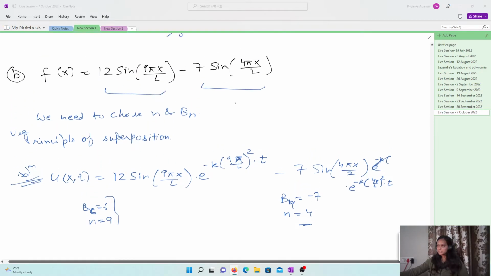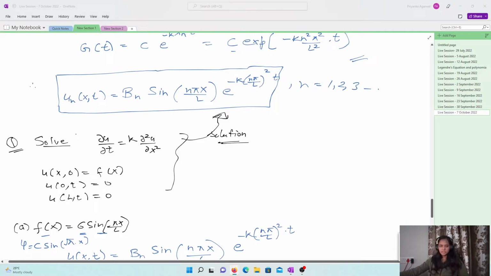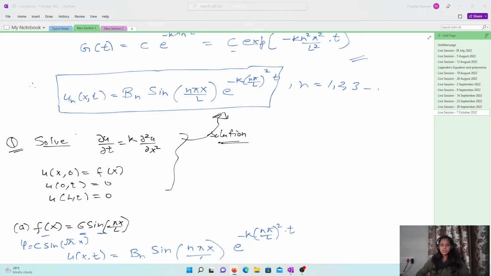So far we have seen these solutions, and now let's extend the idea that we have used in the second part of our previous example a little, to see how we can get a solution that will satisfy any sufficiently nice initial condition. So we'll use the principle of superposition over here, which is not restricted to only two solutions, but we can use multiple solutions also, and therefore we can write our final solution in the form of a series.